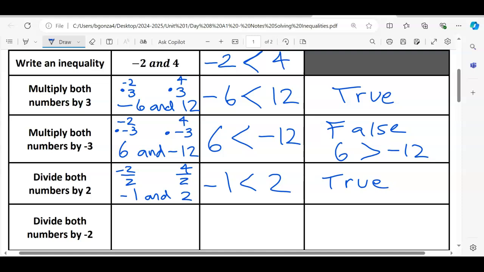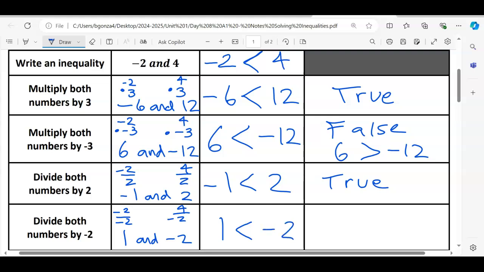One more example. What if we divide by a negative 2? So negative 2 divided by negative 2. Negative divided by negative is a positive 1. And 4 divided by negative 2. 4 over negative 2 is negative 2. All it did was change the signs, so let's rewrite it. 1 less than negative 2.